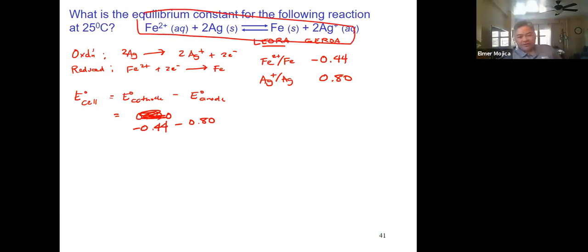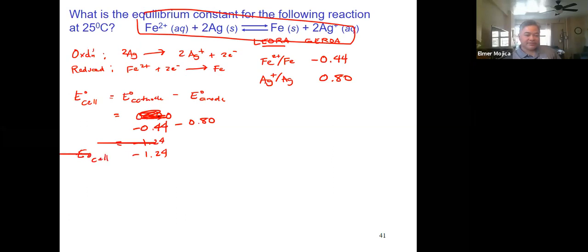Remember when to use the table to determine which one is oxidized and which one is reduced? That's when you're not given a reaction. Now you're given a reaction here and your hands are tied. Whatever I do, it's Fe2+ that is reduced, and silver is the one that is oxidized. So most likely you don't have a galvanic cell. What you have is an electrolytic cell.